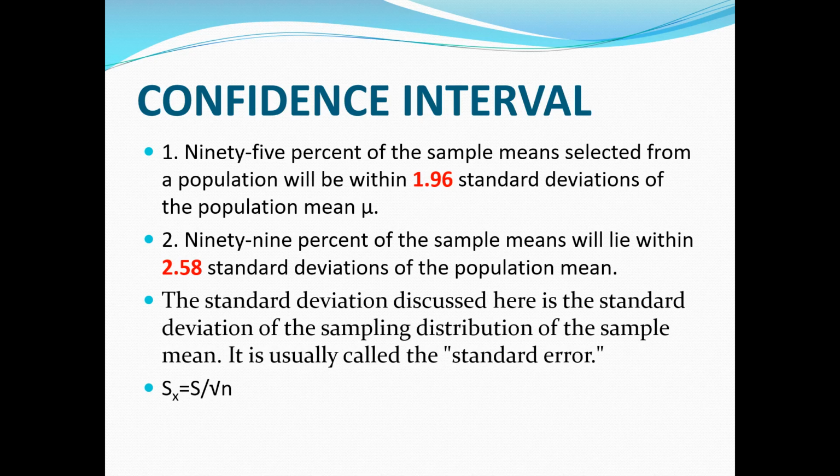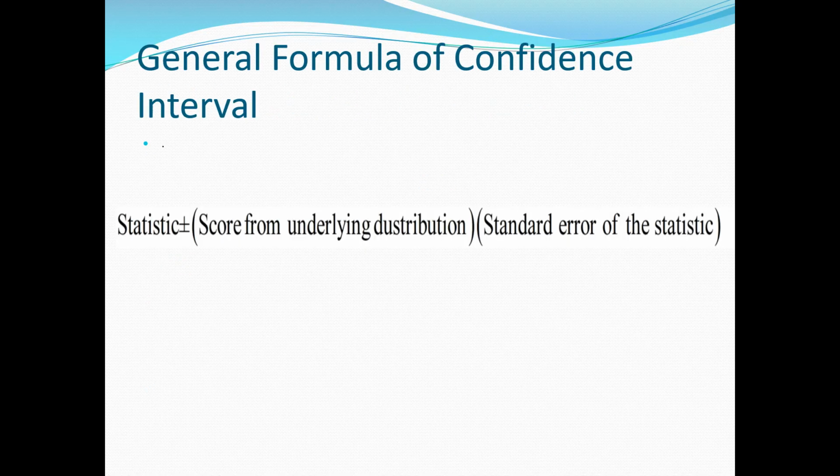Next we are going to discuss the idea of confidence interval. Let me first discuss the general formula for a confidence interval. Remember that we started our discussion from the statistic as an estimate of the parameter, but some researchers argued that it's not always true that the sample results are equal to the population result.